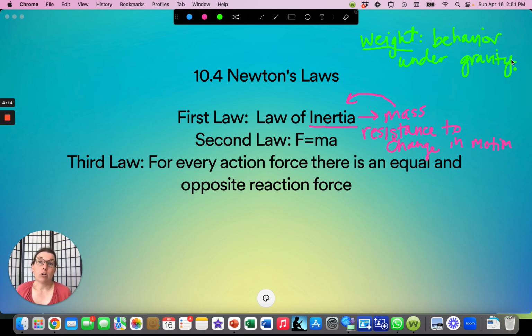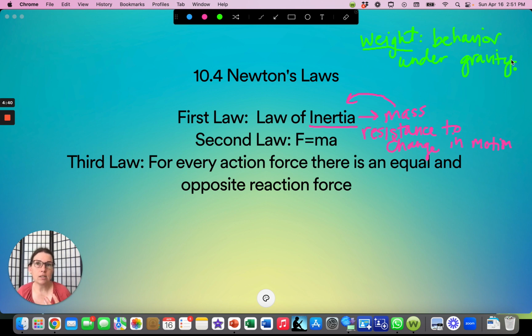And in outer space, if somebody goes out to live on the International Space Station, that's what we call an environment of microgravity, because it's like they're constantly falling towards the Earth, and then the Earth moves away. And so they experience weightlessness. However, the mass of this person, say they weigh 150 pounds on the Earth, on the moon, and in the International Space Station, their mass is constant.